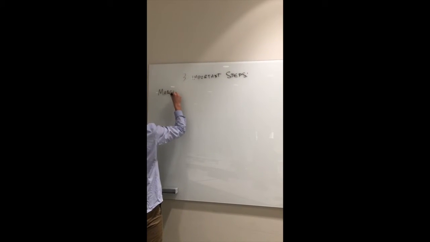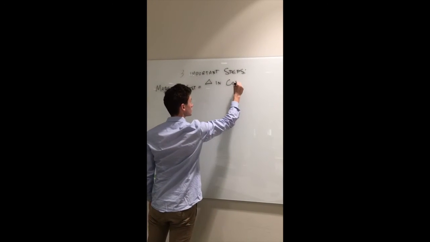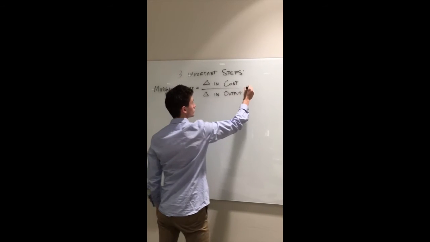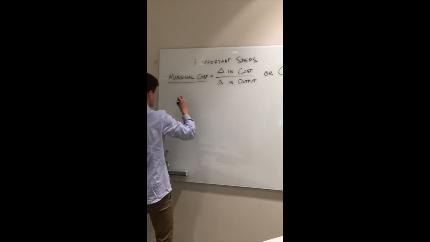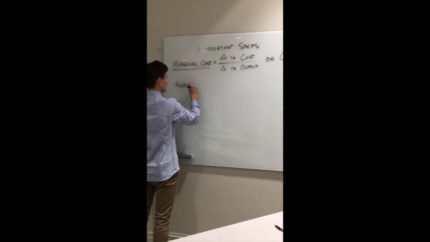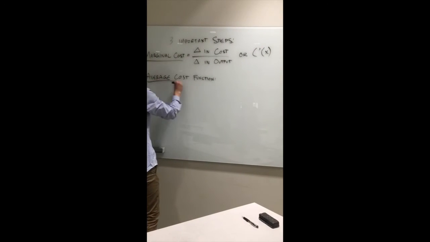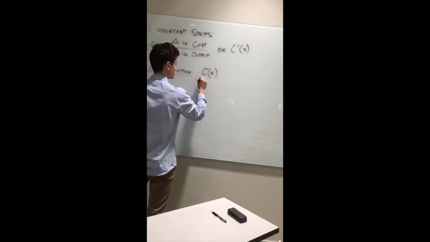problems correctly. The first one is marginal cost function, and it's basically the change in cost over the change in the output, or which is the much easier way to look at it, the derivative of the function, or c of x. And we'll go on to explain why all of this works in the end. So the second equation is the average cost function, and we can see that as c of x over x.